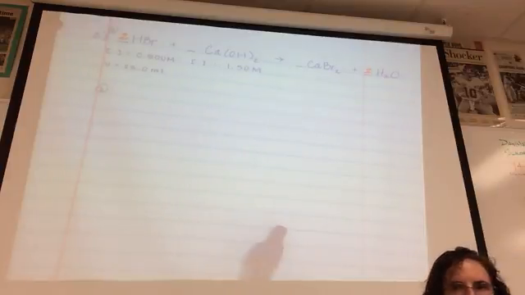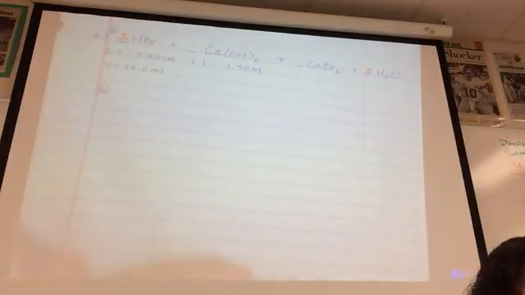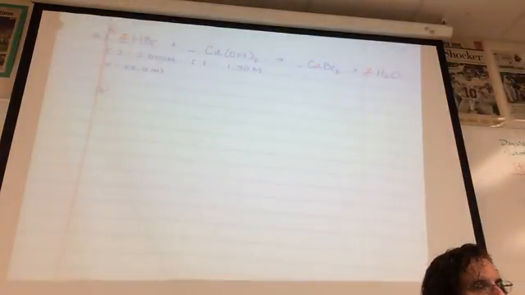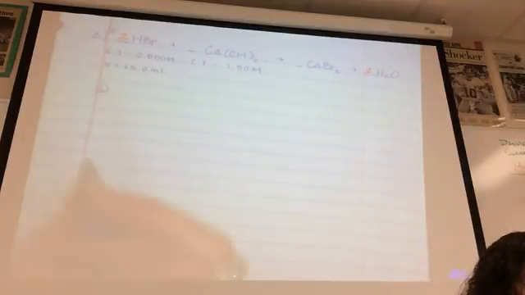Moles of what? Why? Because you have both the concentration and the volume. So, Grant, why are we going to do millimoles? We're going to do millimoles because we already have the volume in milliliters. You are spot on.